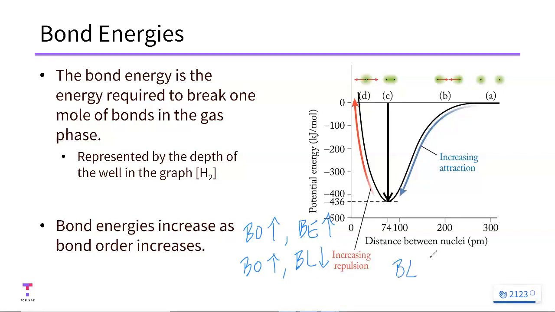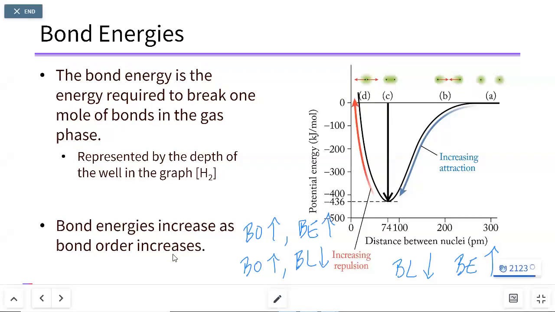So if my bond length goes down, my bond energy would go up accordingly. So now we have three different phrases that can equate the ideas of energy to distance, energy to bond order, order to distance.